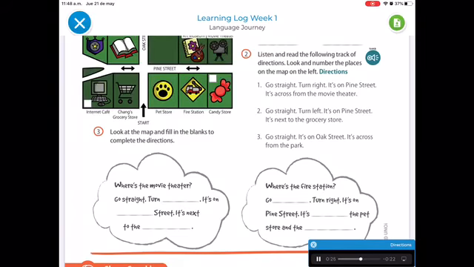Turn left. It's on Pine Street. It's next to the grocery store. 3. Go straight. It's on Oak Street. It's across from the park.